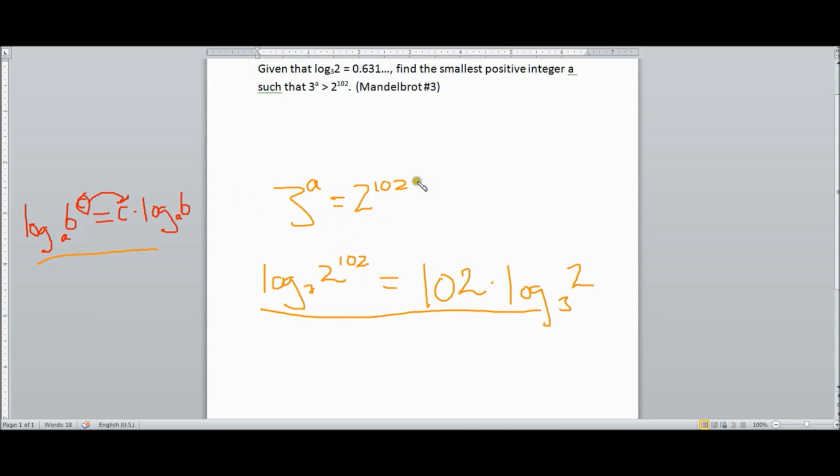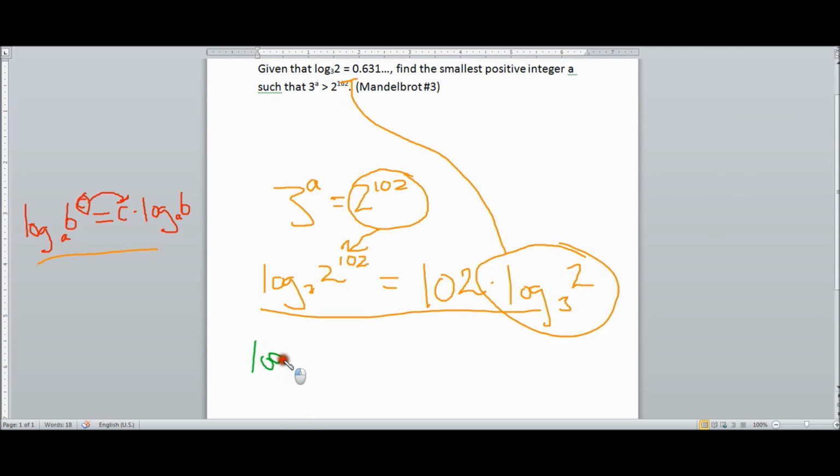So what we have now in our equation is right here. So log 3^a, and we know this because it's up here, right? So let's work onwards. Green.